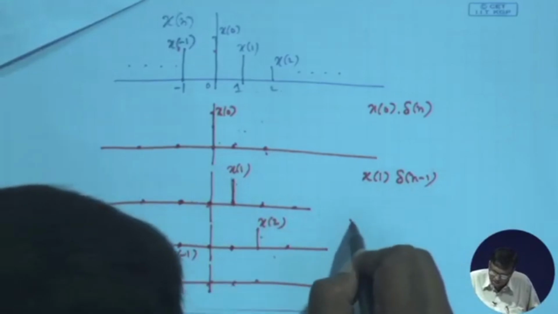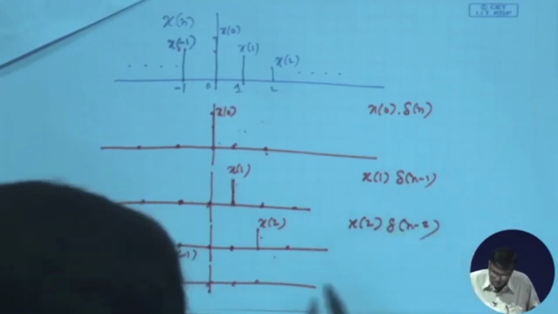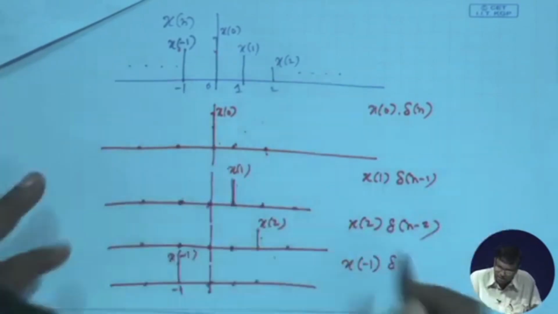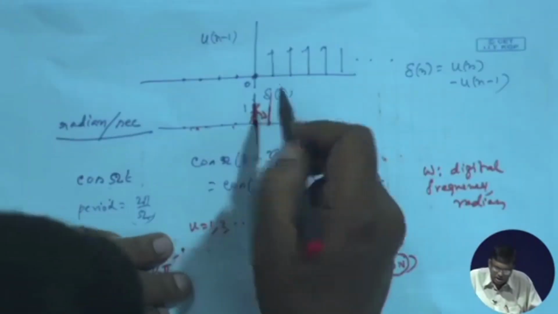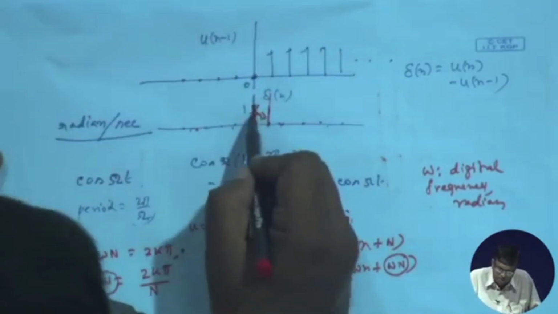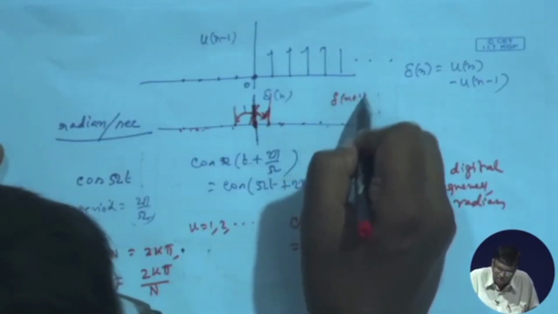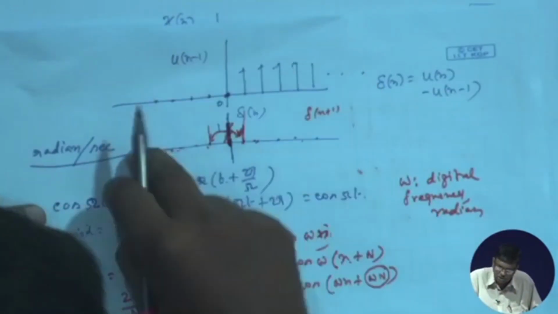Then by the same logic, it will be x 2 delta n minus 2. Then x minus 1: now, this is shifted to the left. If delta is n plus 1, this will be shifted to the left. 1 will move here, at 0 0 0. That will be delta n plus 1. And if you multiply by x minus 1, this height will be x minus 1, others will remain 0.